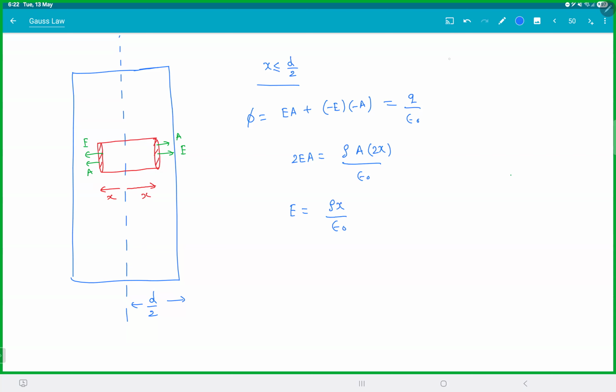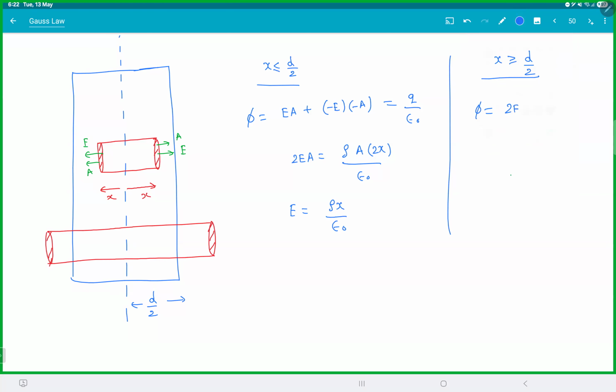It's a linear function. But if you take x greater than d by 2, that means you have chosen a cylinder outside. Same story. The flux will be 2 into EA, but this time the charge will be only up to capital D. So that will be 2EA equals rho area into thickness of the cylinder by epsilon.